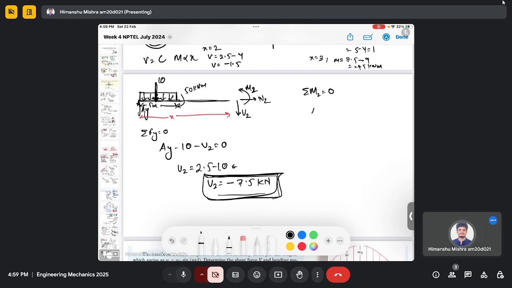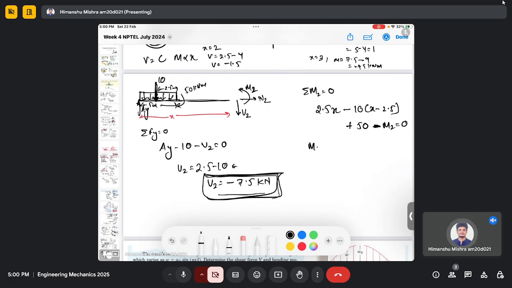Clockwise is positive, so Ay multiplied by x, Ay is 2.5, so 2.5x, minus 10 times (x minus 2.5), and then I'm considering the 50 kilonewton meter couple, which is positive, so plus 50, minus M2 equals 0.